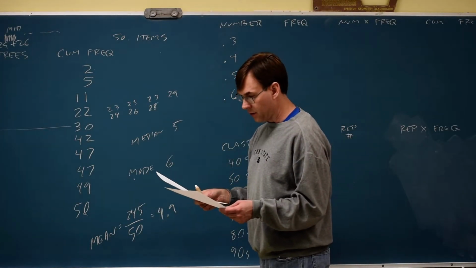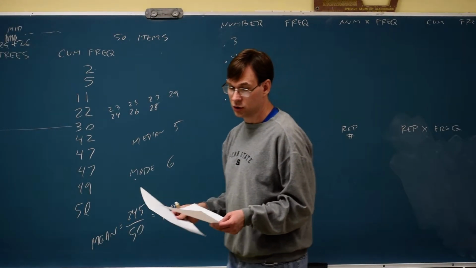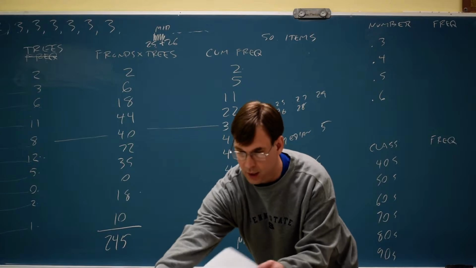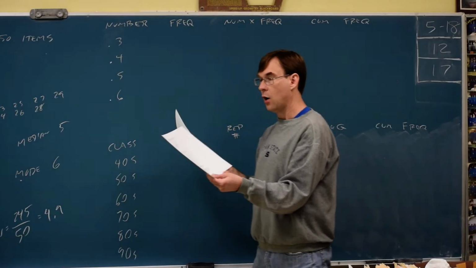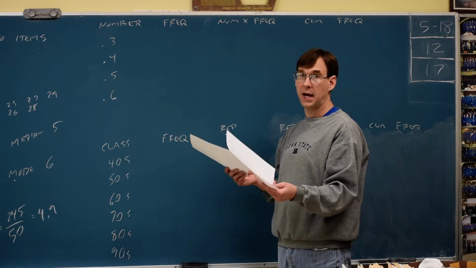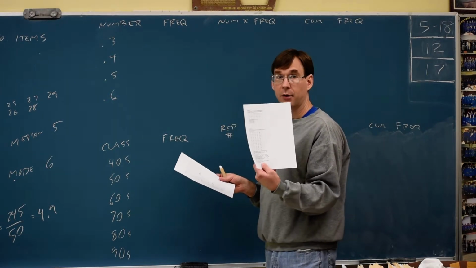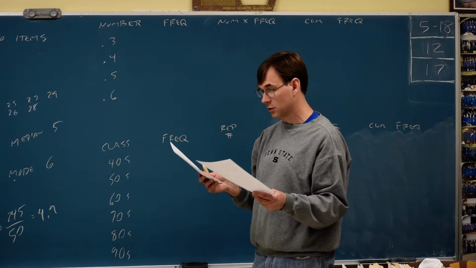A third type of example that they'll do, and now I'm using my Xerox page from the book, we're going to have to make our own table by counting and seeing how many times the things are on there.